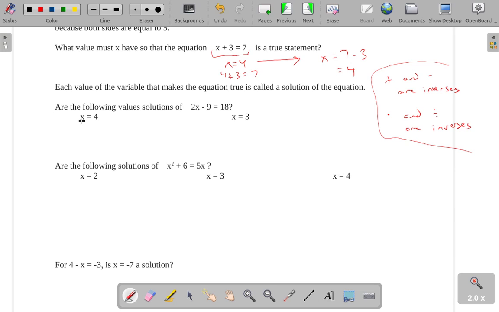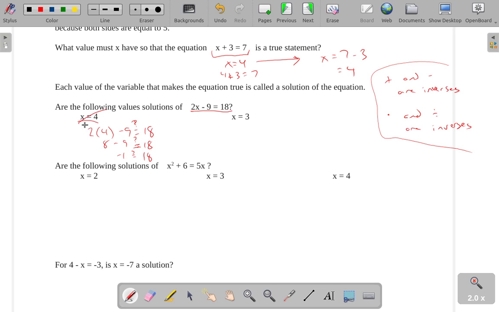So if I'm asking, is x equals 4 a solution of this equation, well, all I have to do to check that is plug it in and see if it evaluates out to a true statement. Well, 2 times 4 minus 9, that's 8 minus 9 equals 18. Generally, when I'm checking to see if something is a true statement, I do a little question mark over the equals, because I'm not saying that it's equal, I'm checking to see if it's equal. So this would be, of course, -1 is equal to 18, and that's nonsense.